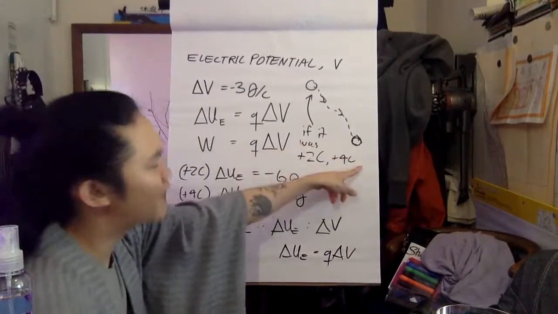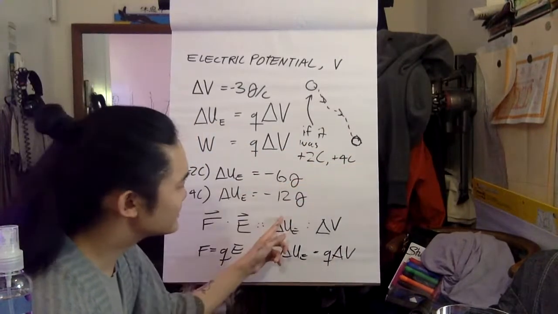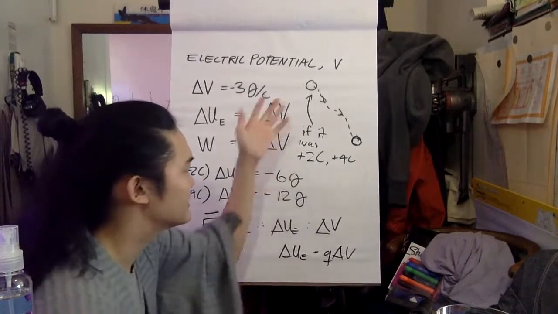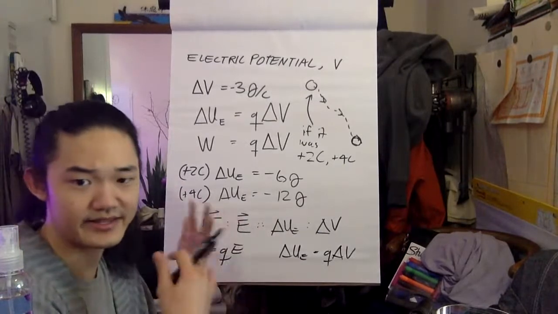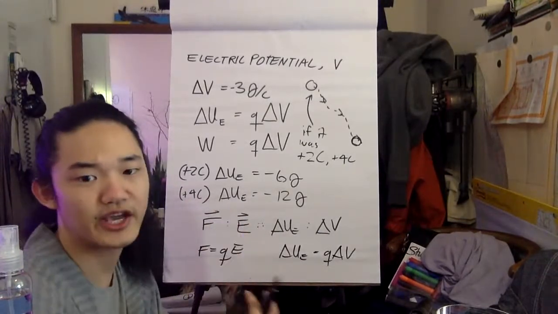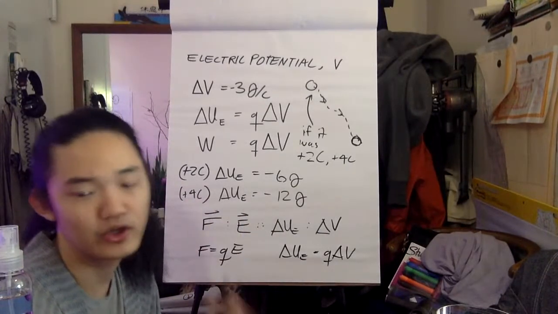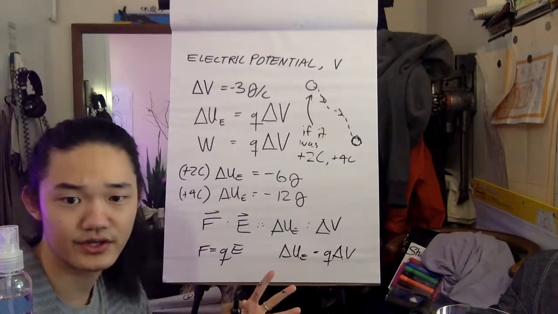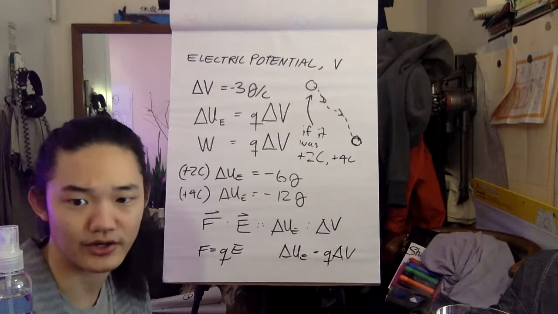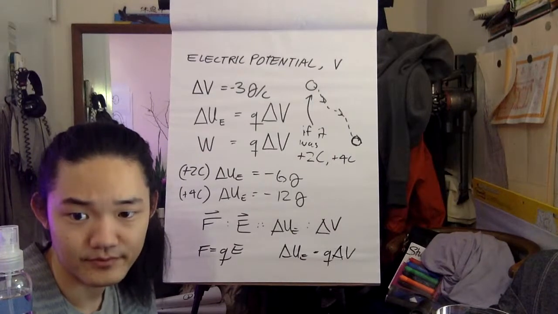So, if it was 5 coulombs, then I would lose 15 joules. If it was 10 coulombs, I would lose 30 joules, right? It's a hypothetical change of energy per unit charge. Just like how field is a hypothetical force per unit charge, okay?